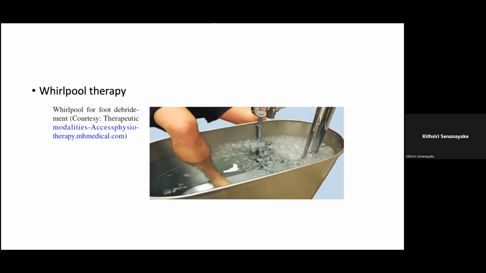And this is called whirlpool therapy because it's like a bath. So water is rotating inside, and you keep the foot immersed in the water, and it helps remove the slough away.